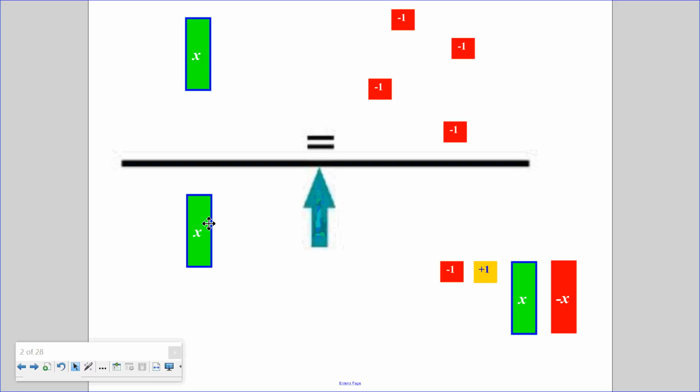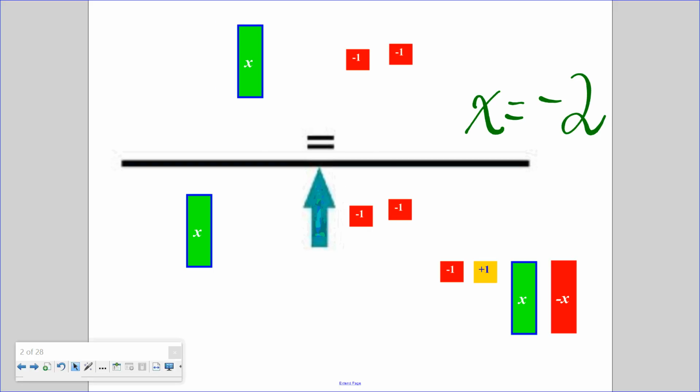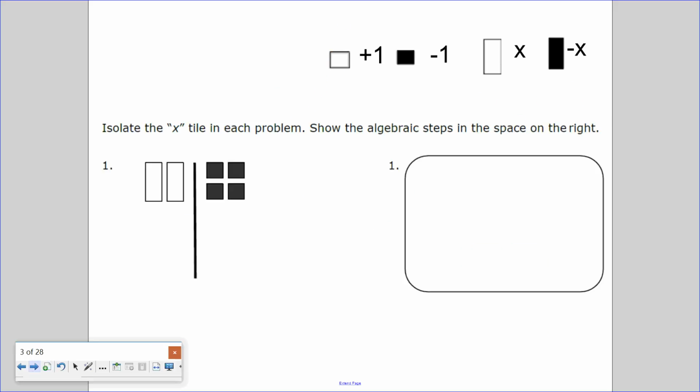So let's divide -4 into 2 groups. x will equal -2. To check our work, we replace each x with -2, and -4 is equal to -4. Check mark.